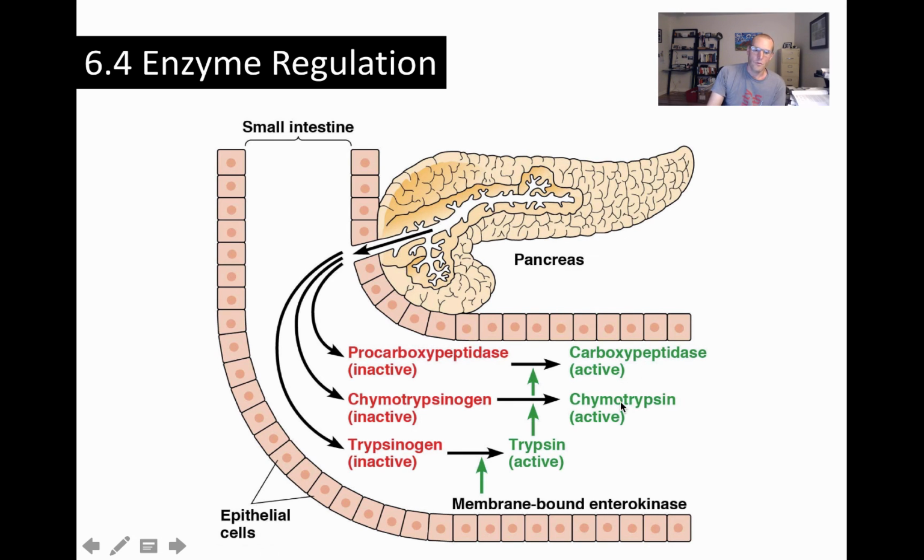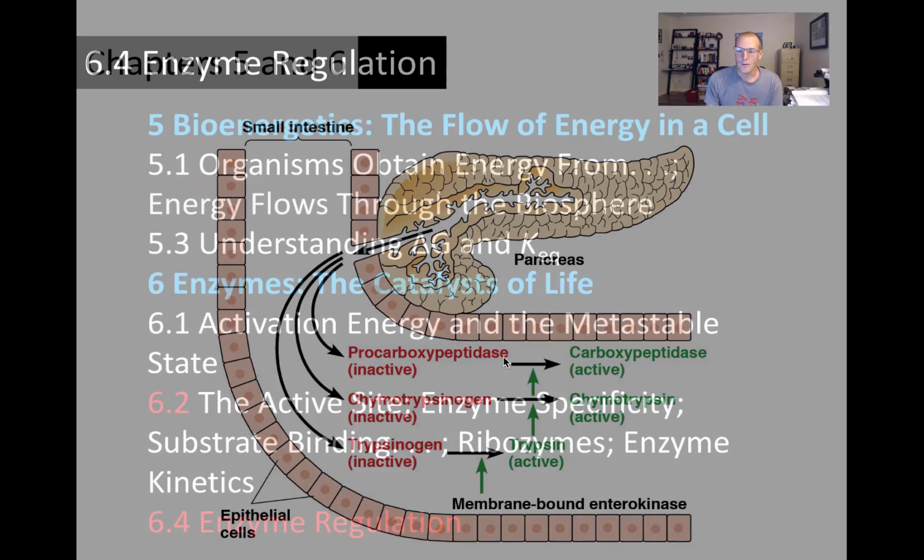These three enzymes in green are involved in the breakdown of proteins in the small intestine, and they are all activated by the cleavage of these precursor proteins.